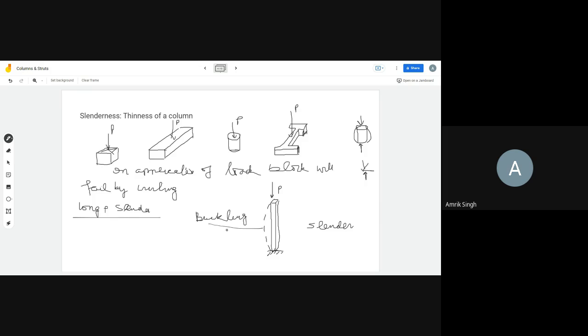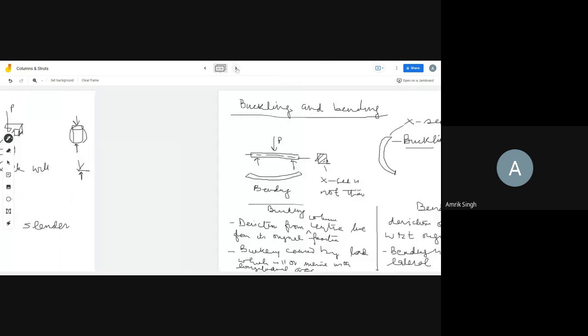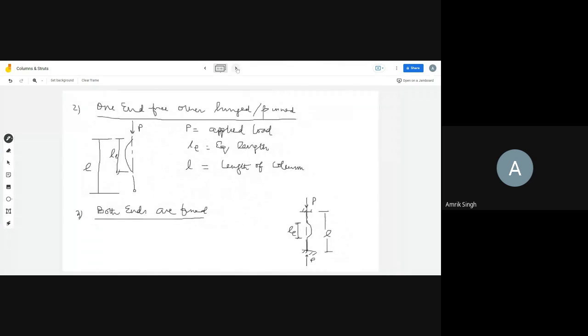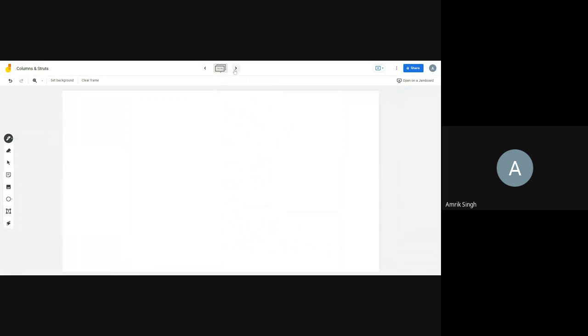But if it is thinner one, patla hai, and the axial loading is there, it will fail by buckling. So we try that it should be strong enough that it should fail only by crushing. So these are some of the conditions which are required. Okay. Now let us understand what is the difference between crushing and buckling.